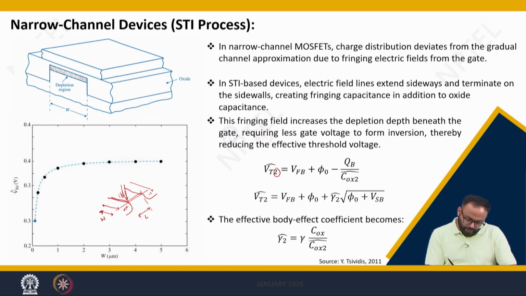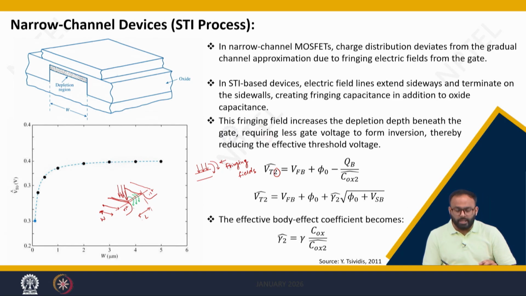So, what will happen? Ideally the gate field lines should go vertically and cause a depletion here, but in principle the field lines will not be exactly vertical; they have some curled shape. These field lines are called fringing lines, fringing fields. Now, what will happen if these lines come into this section?